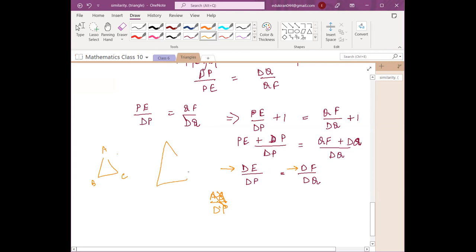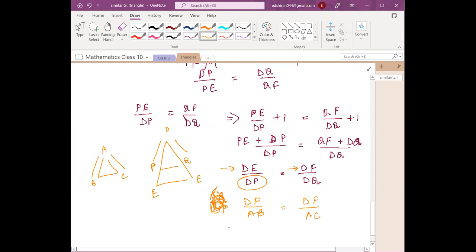And this was another triangle, DPQ, and then E and F. So basically DP is equal to AB, not DE. So DE upon AB will come here. This DP is equal to AB. See the diagram? And this is equal to DF upon, now this DQ is actually equal to AC. So I can write AC here. Is that okay now?